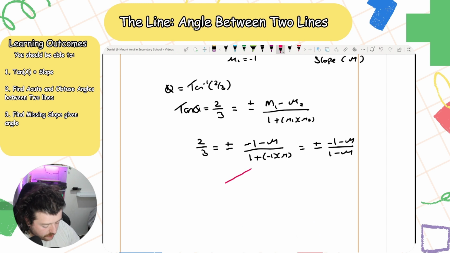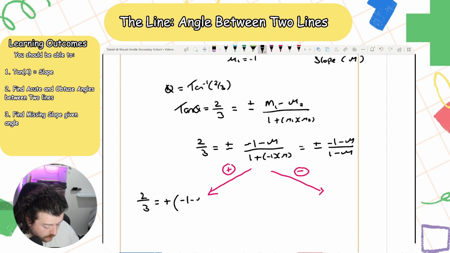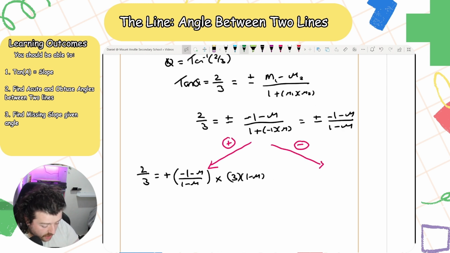So let's split this up to find the equations of the two lines. On this side I'm going to take the positive sign, and here I'm going to take the negative sign. So I have 2/3 is equal to positive minus 1 minus m all over 1 minus m. Multiply both sides by 3 times 1 minus m, so cross multiplying.